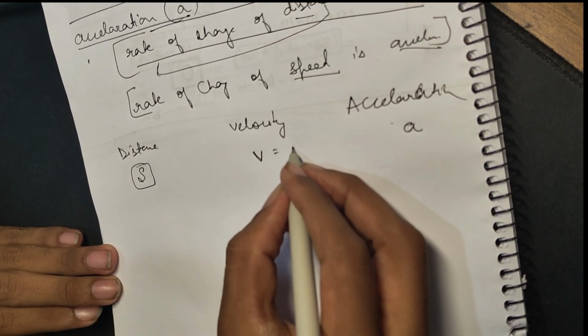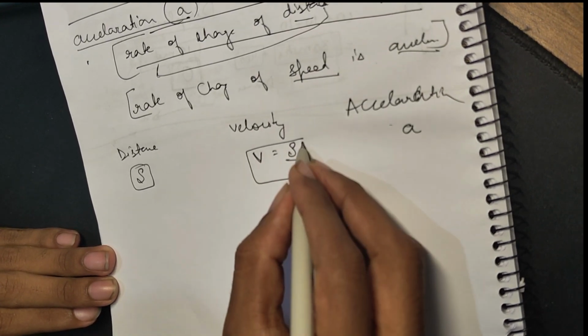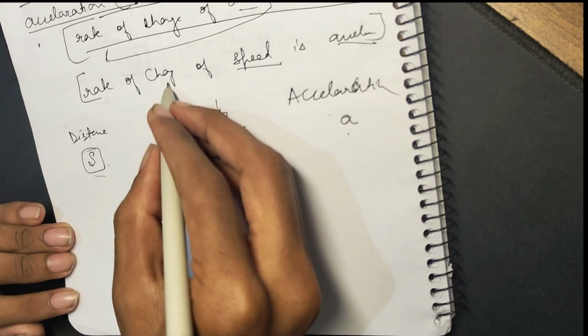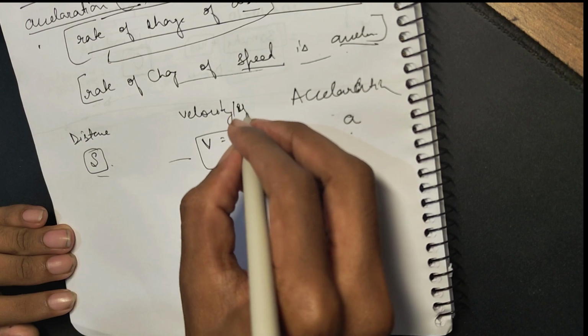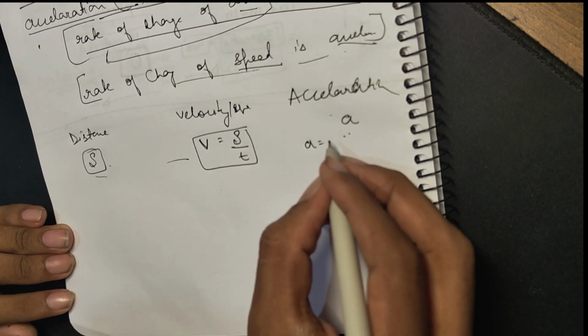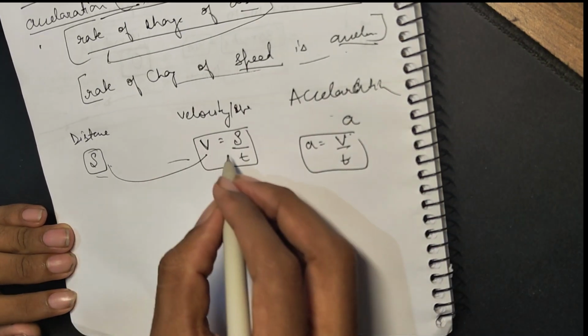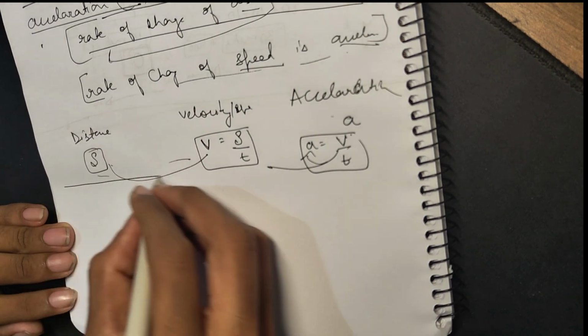Velocity is basically rate of change of distance, distance by time. Velocity is S by T. Now what is acceleration? Rate of change of speed. So what is speed or velocity? V. So acceleration is basically V by T. Got it? S by T is V. V by T is A. So this is acceleration.